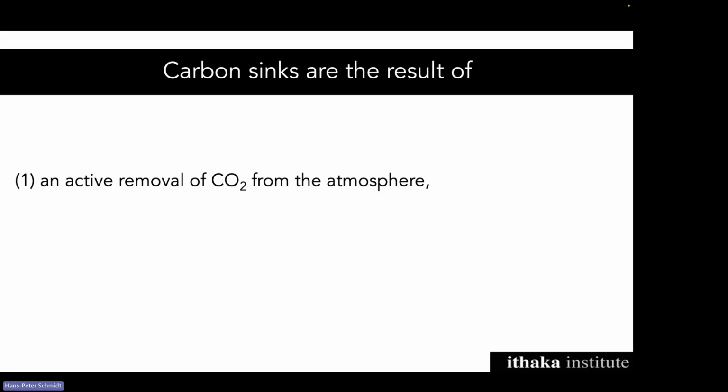So a sink is not that you find some carbon somewhere and you put it somewhere where someone looks over it. If you don't have the tracking to the moment when it was taken out of the atmosphere, the sink is not complete. So part of the sink is, and it starts with, the active removal.